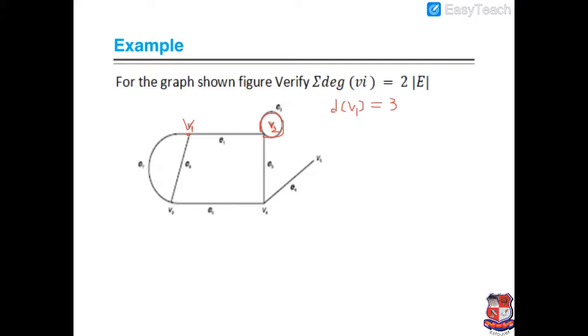Therefore the total degree of vertex V2 is 4. Now the degree of vertex V3 is 3 as it is incident to 3 edges. Degree of V3 is equal to 3. Degree of vertex V4 is also 3. And the degree of vertex V5 is 1.